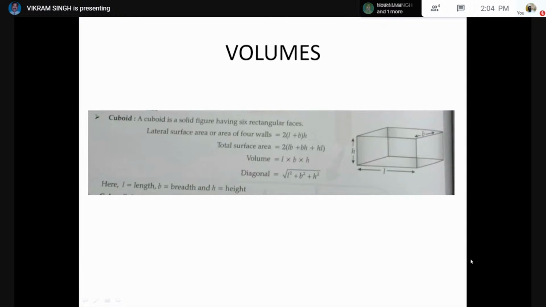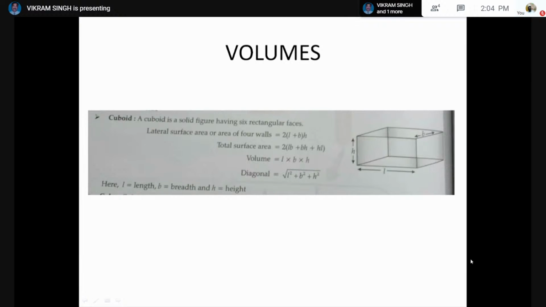Area of base means, if we are considering the cube, it will be the square. If we are considering the cuboid, it will be in the form of a rectangle. So obviously the area of the base will be L into B. If we multiply it by H, it will be LBH.